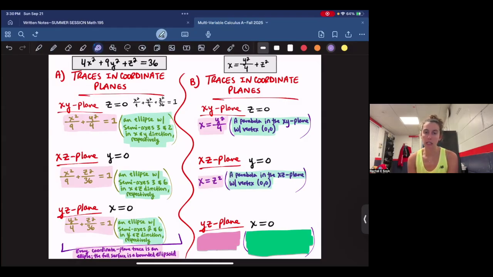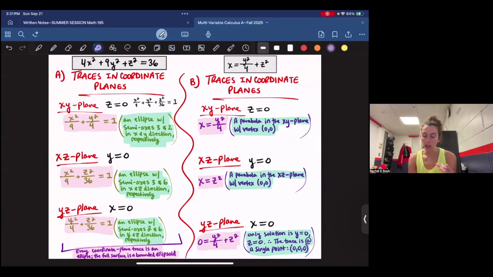So vertex once again at the origin. And then when x is equal to 0, we get 0 is equal to y squared over 4 plus z squared. And so we only have one solution here. We have the trace at that single point 0, 0, 0. Our only solution is when y and z are equal to 0.